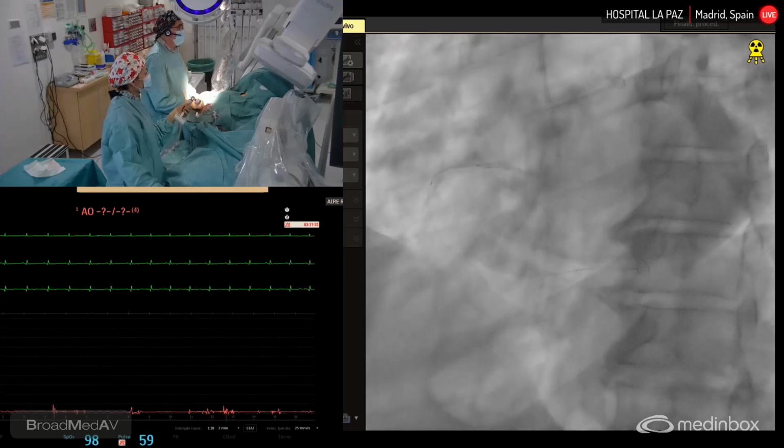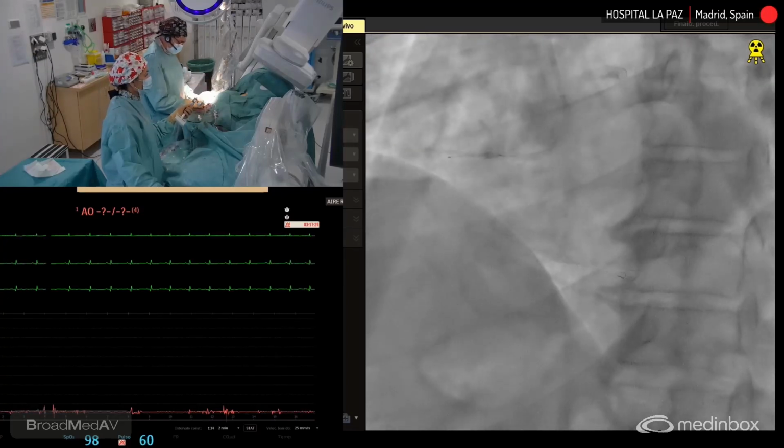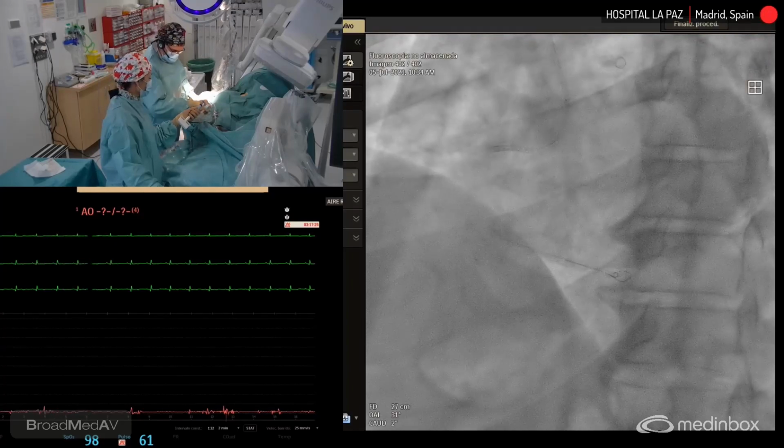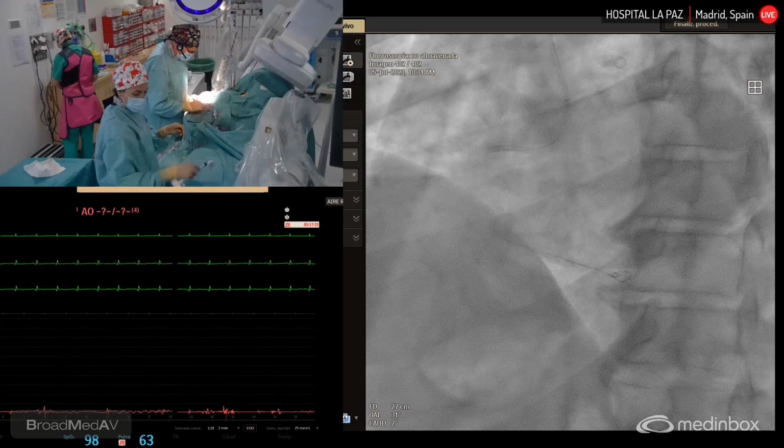Again, in the calcium nodule of the mid part, we have some difficulties to advance the stent. Let's use again the telescope, please.